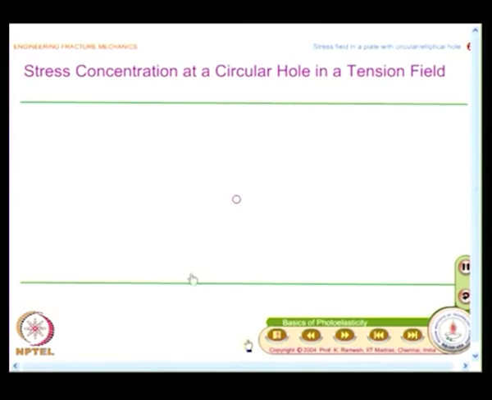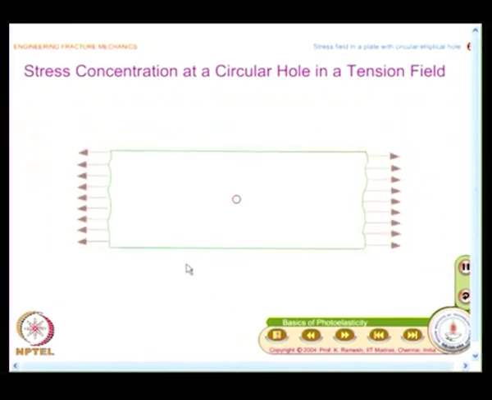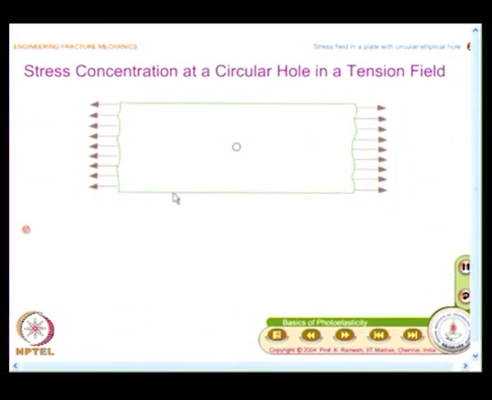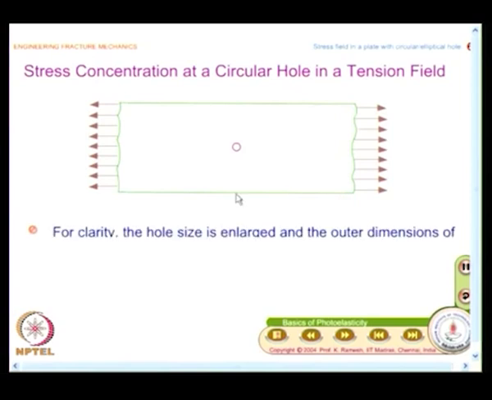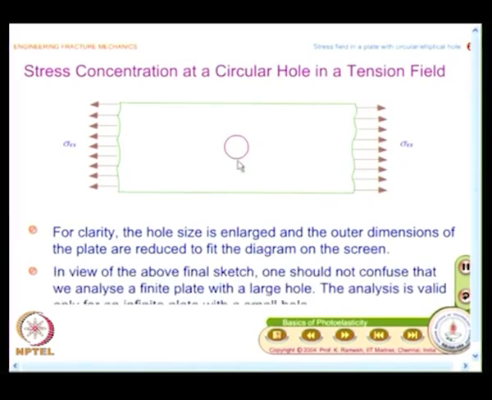You have an infinite plate with a small circular hole that could be visually appealing, but when I want to do it in a finite domain, I have to take a finite diagram, and in order to see what kind of things I represent in the hole, I make it bigger.